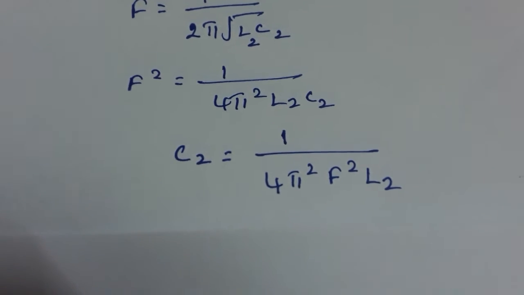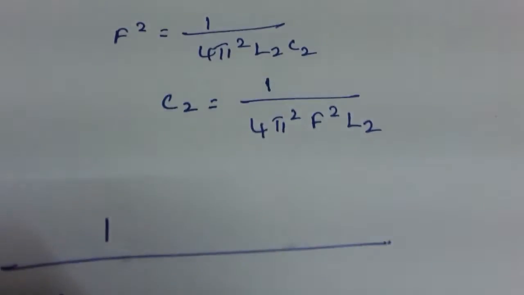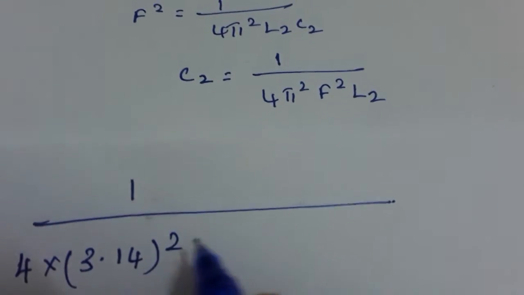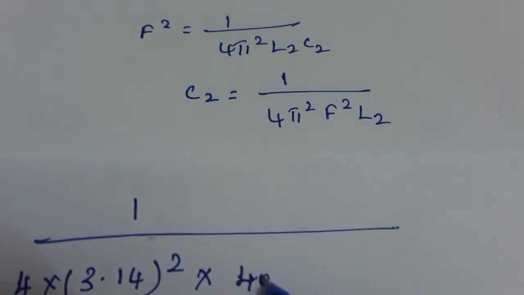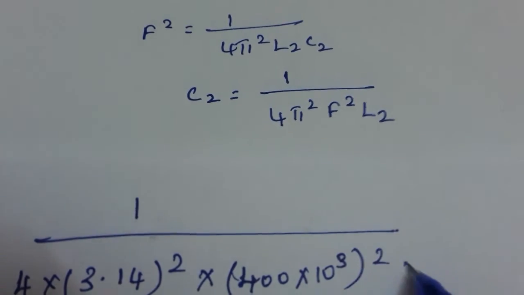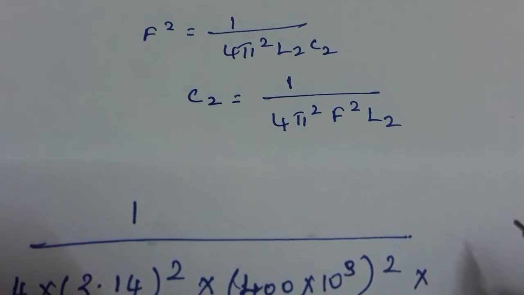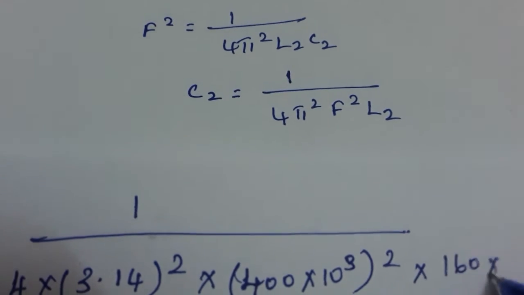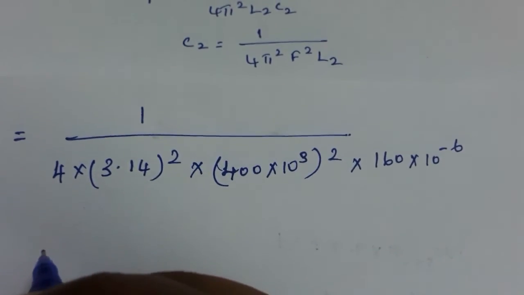Substituting the values, 1 by 4 into 3.14 the whole square into frequency 400 into 10 raised to 3 the whole square into L2 value, which is 160 into 10 raised to minus 6.